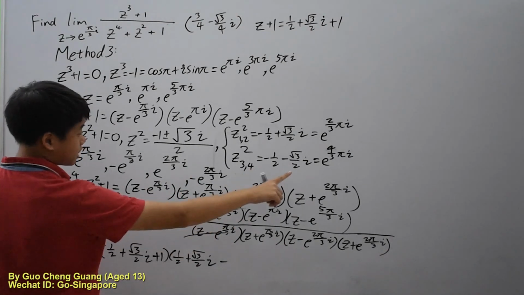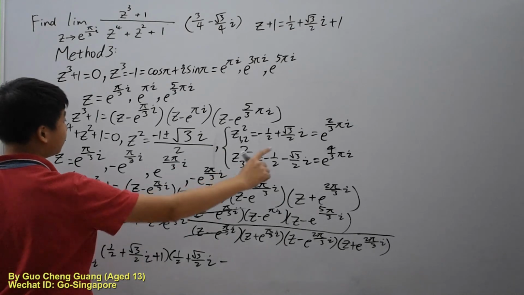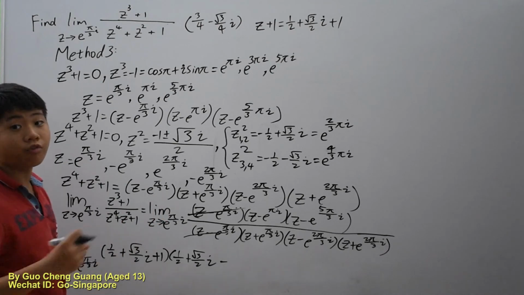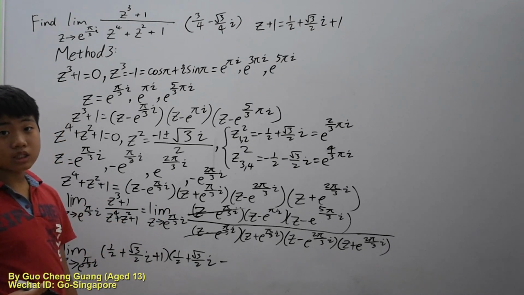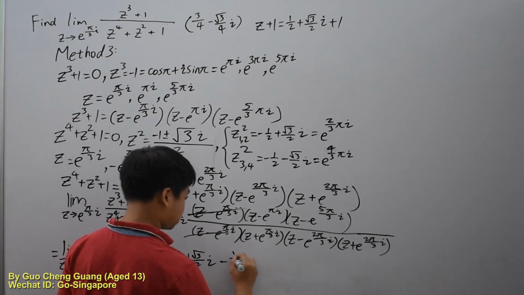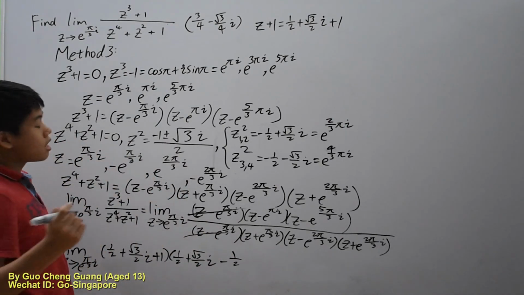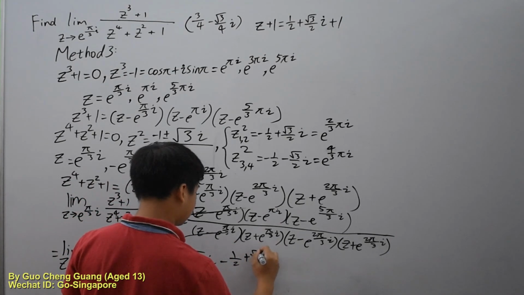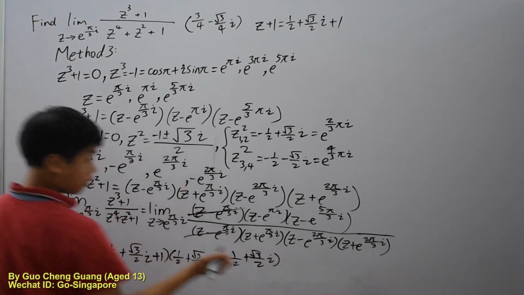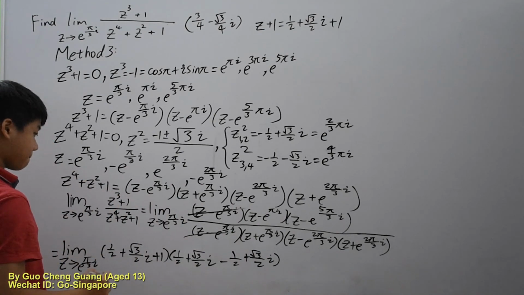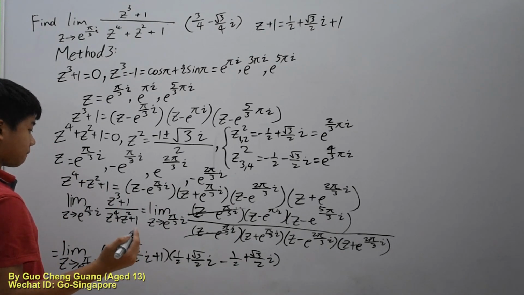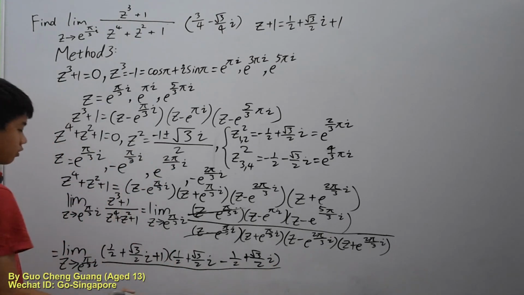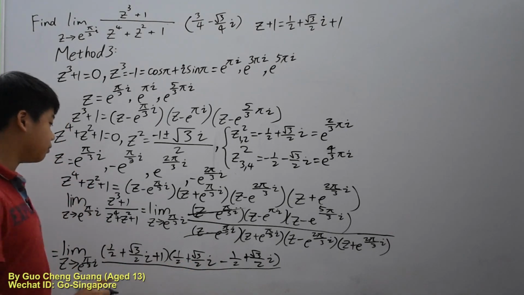The one I wrote just now, when it's supposed to be 4 over 3 pi, I wrote it purposefully as 5 pi over 3. So this is in the 4th quadrant, and that means cosine is positive, and so you have to subtract half, whereas sine is negative. So plus root 3 over 2i. Right. So here, for the numerator, we're done.